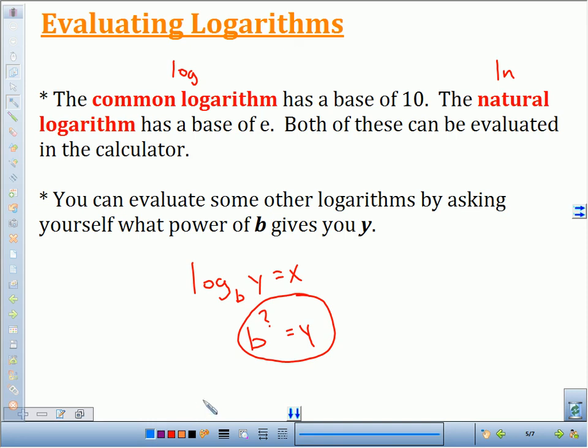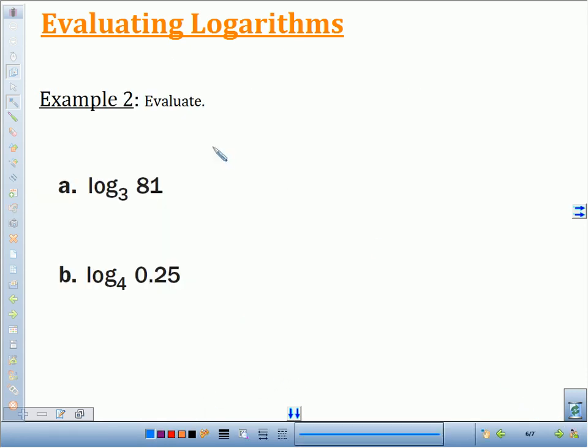And asking that question, you can evaluate a lot of logarithms. Let's look at a few. For instance, if I wanted to evaluate log base 3 of 81, I would ask myself, alright, self, 3 to what power gives me 81? And the answer to that is 4. 3 to the 4th power is 81.